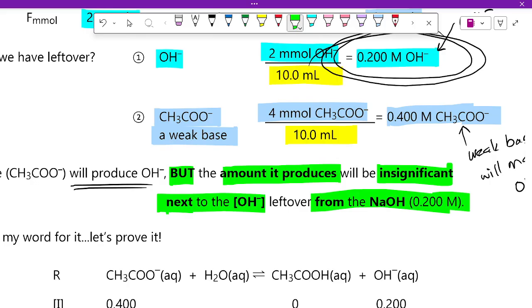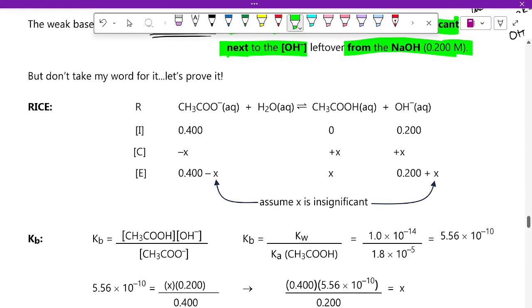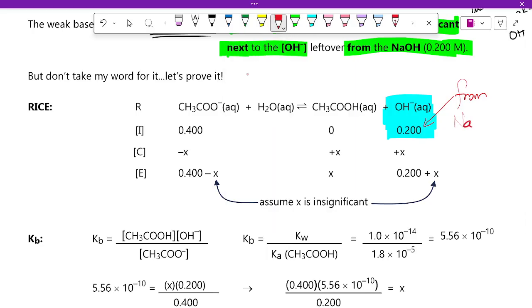We can say we have 0.2 molar OH from the NaOH. Here is our Kb table, all right? Here's our RICE. We have some hydroxide here. This is how much we had from the NaOH. You don't have to be able to do this math, okay? And this is how much we had of our weak base.